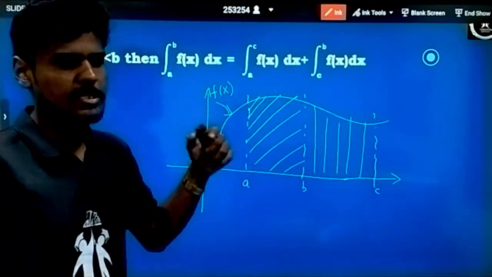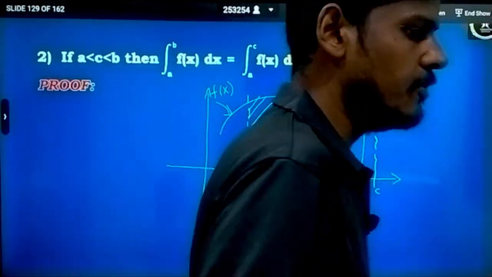As we already know, the definite integral gives the net area of the function.